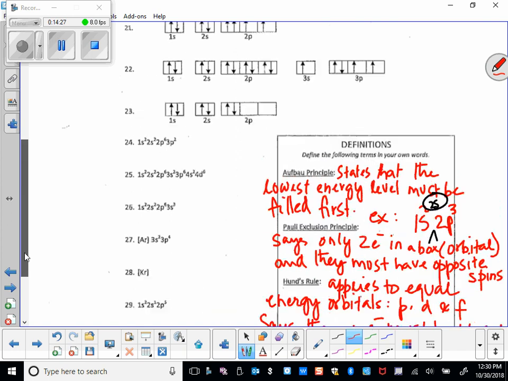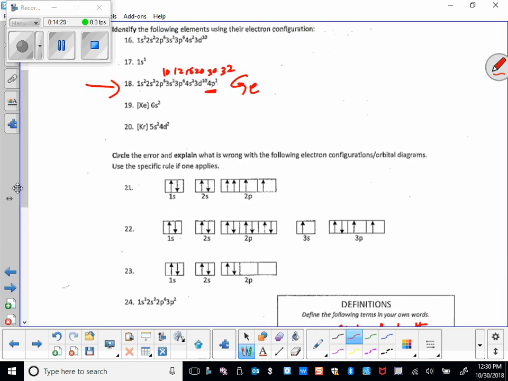Okay. So let's do some of these rules and understand. What is being violated here? Which rule? Both of the arrows are upwards. This is Pauli's exclusion principle. Is that right? Pauli's rule is being violated in this picture. The 3s is not occupied completely.